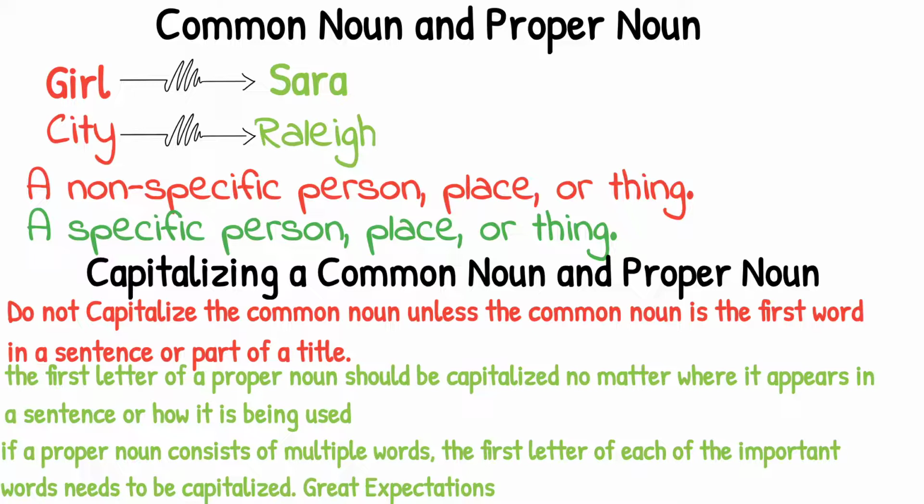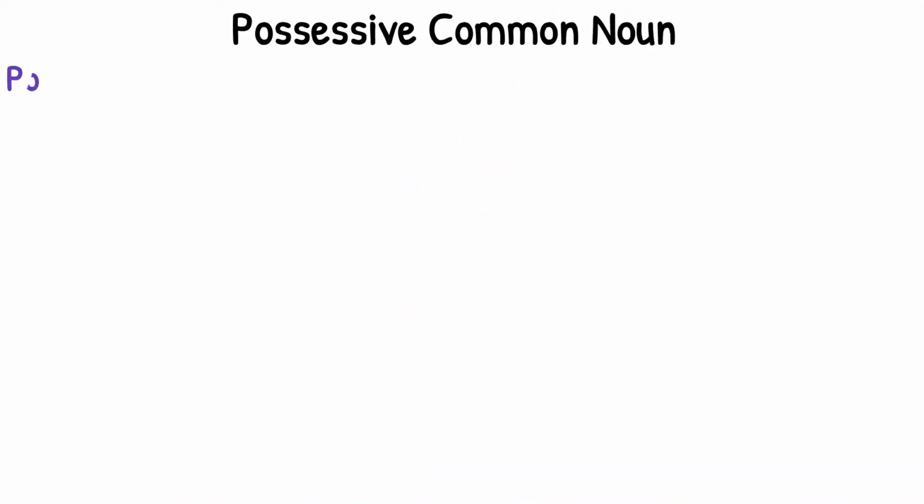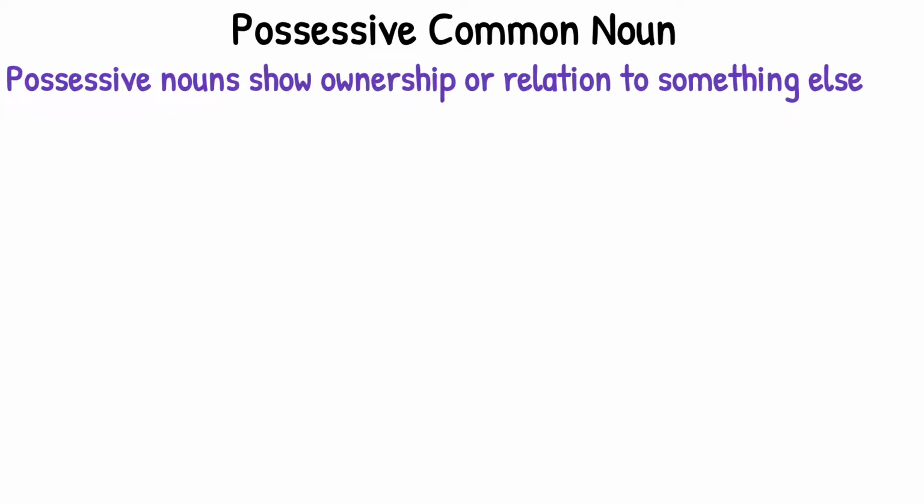The basic rule for capitalizing proper nouns is that the first letter of a proper noun should be capitalized no matter where it appears in a sentence or how it is being used. In addition, if a proper noun consists of multiple words, the first letter of each of the important words needs to be capitalized.